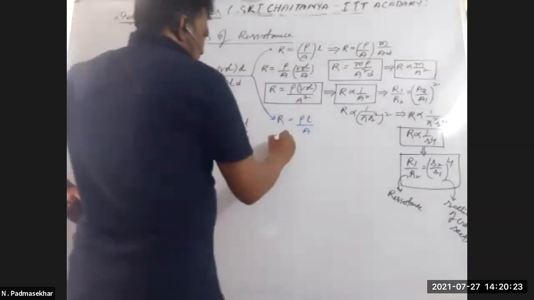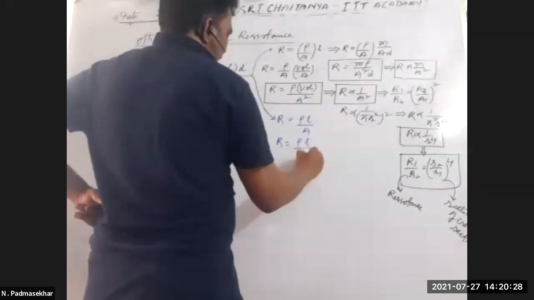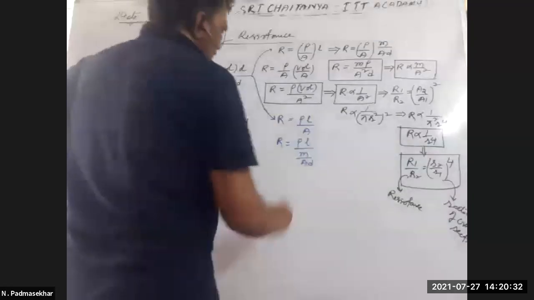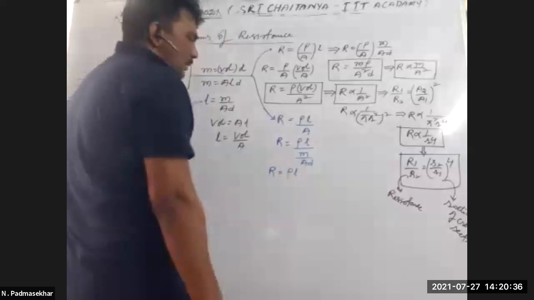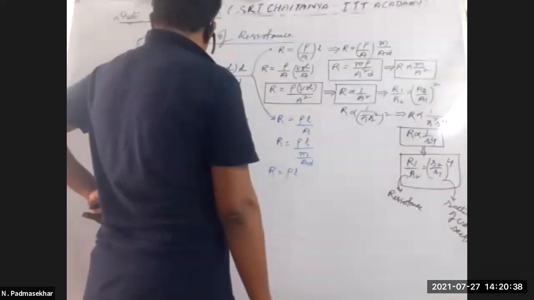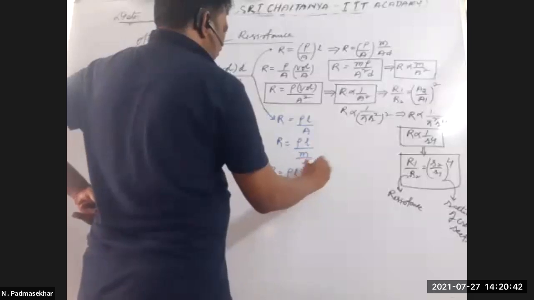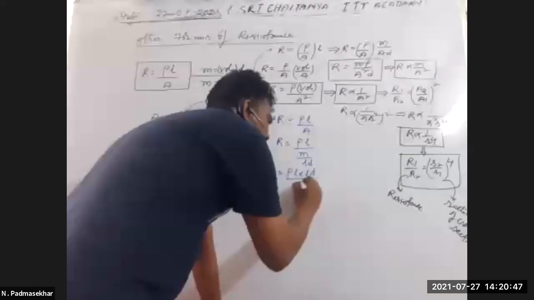Now this resistance is equal to rho L by M by LD. So this is R is equal to rho L, LD by M.